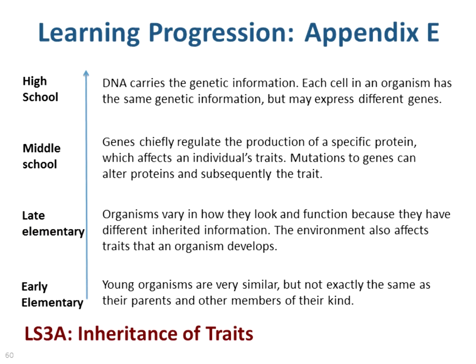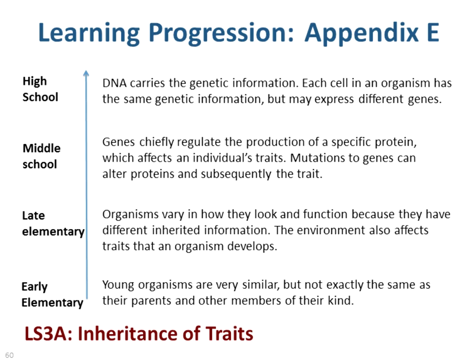There is this wonderful appendix, so the NGSS actually bring all sorts of appendices, all of which I think are lovely, but this one is one of my favorites. It's Appendix E, and it's the learning progression. So for each idea and each sub-idea, right, so this is LS3A, inheritance of traits, it gives you a bit of a cheat sheet for what happens and how it develops over time.